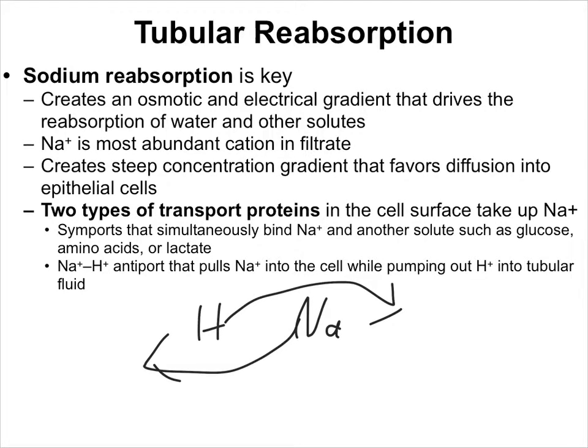It's going to pump sodium back into the cell and hydrogen out. There are hormones that make this antiporter more active, and the more active this antiporter is, the more acidic your urine becomes, and the more basic your blood becomes.